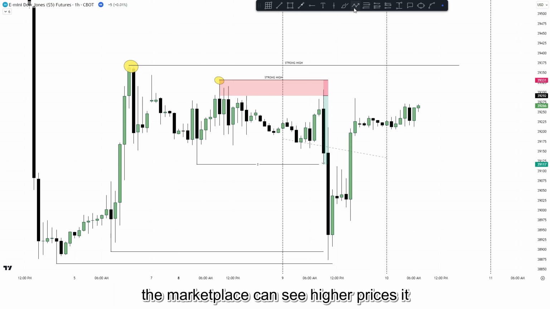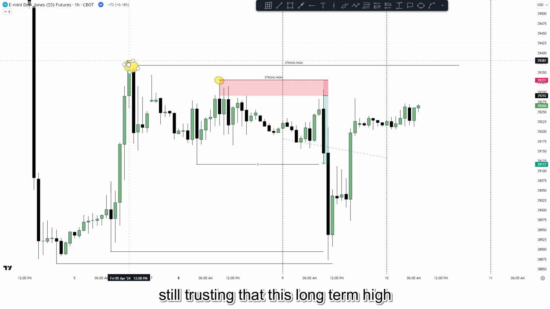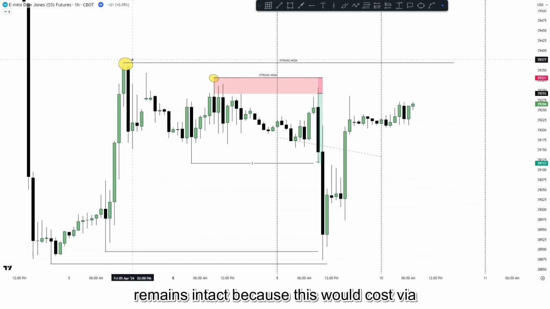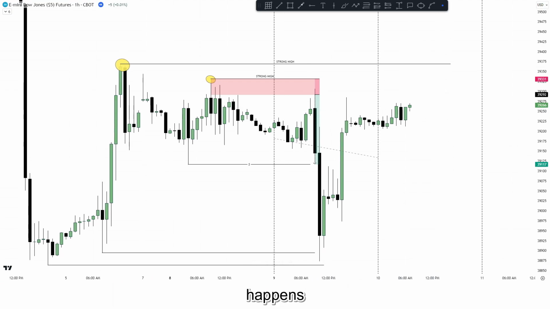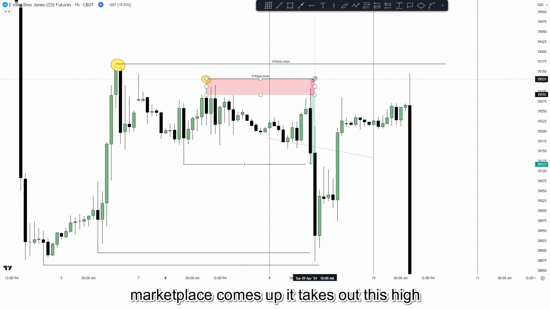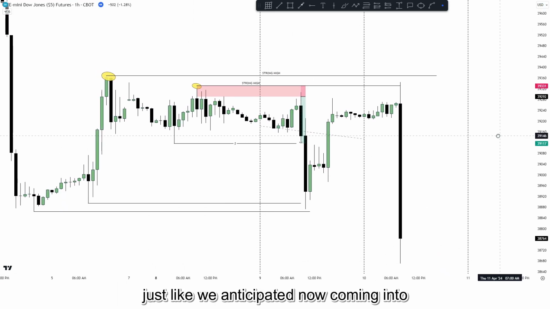If the marketplace can see higher prices, it would probably take out this high, but we're still trusting that this long-term high remains intact. And let's see what happens. Marketplace comes up, it takes out this high, but it leaves the long-term high intact, just like we anticipated.